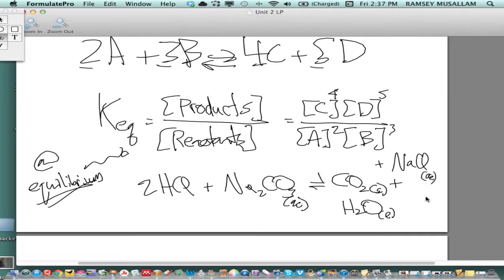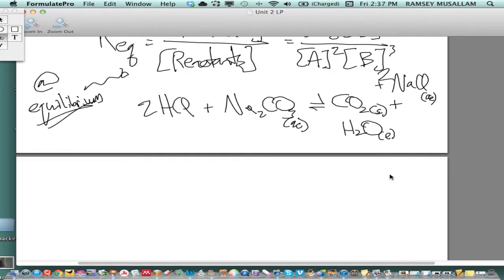NaCl aqueous. And is that fully balanced? No, because I have to do that, right? So I want you guys to write the KEQ. Sorry that it's all messed up. Write the KEQ for that reaction.